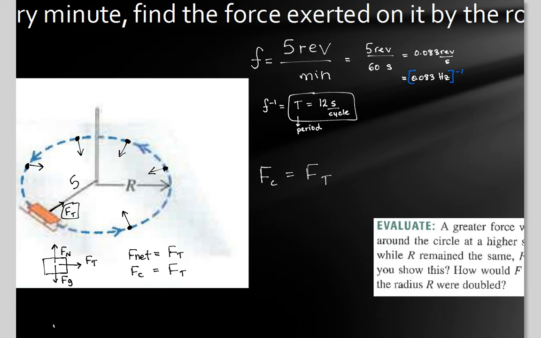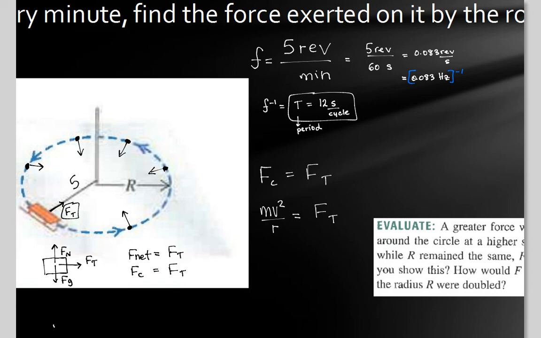And we can sub in for Fc mv squared over r. It's the exact same process as the last unit, but instead of putting F net equals ma, we put Fc equals mv squared over r.